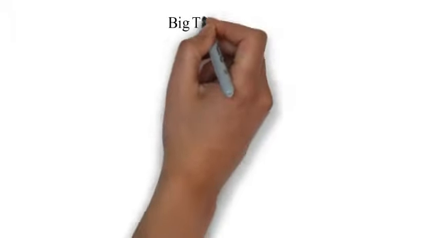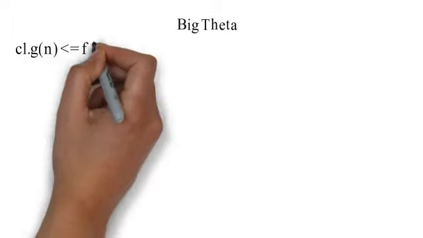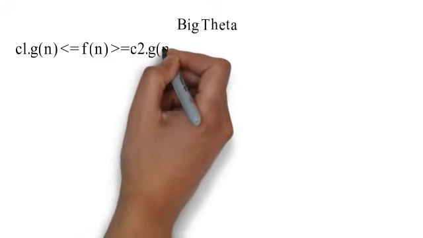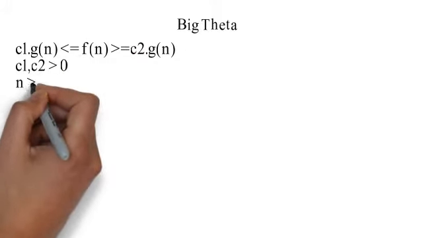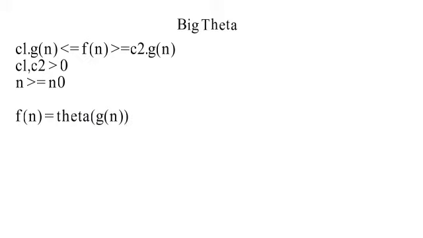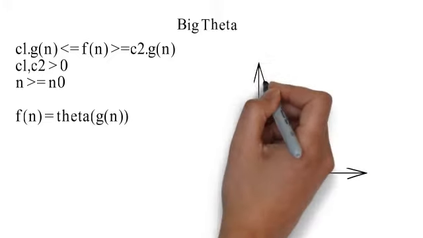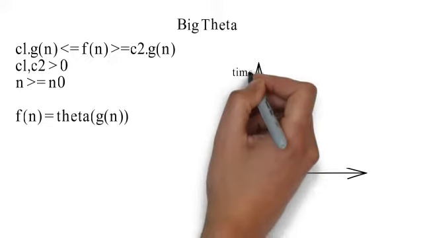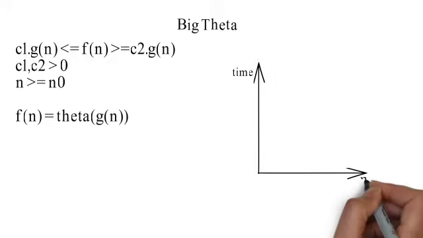Big theta. c1·g(n) less than or equal to f(n) less than or equal to c2·g(n), where c1 and c2 are greater than 0 and n is greater than or equal to n naught. f(n) equals theta of g(n). There is the same graph, time and space, represented by n.